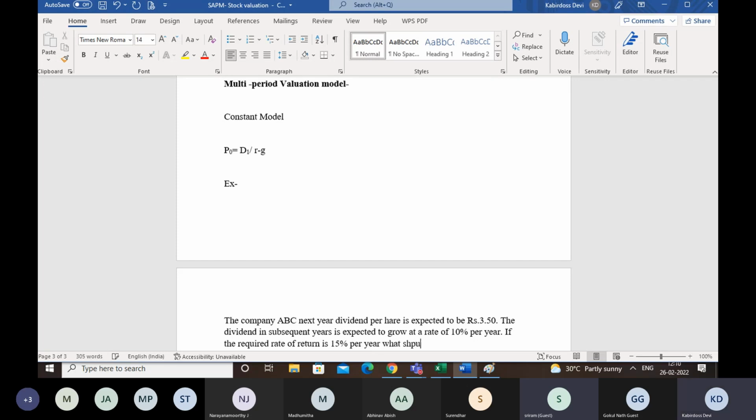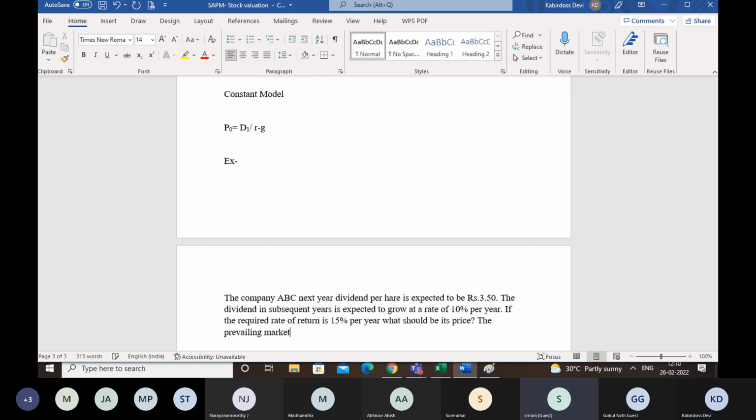What should be its price? The prevailing market price is rupees 75.